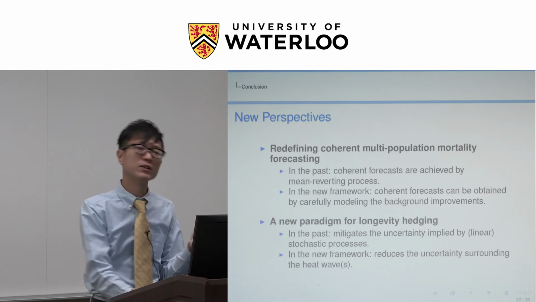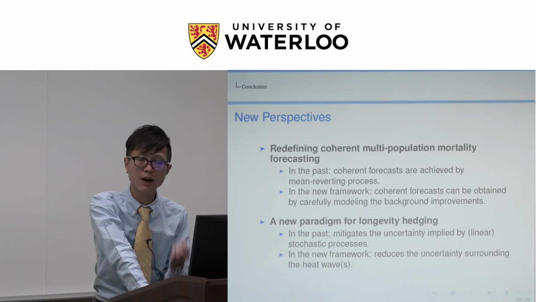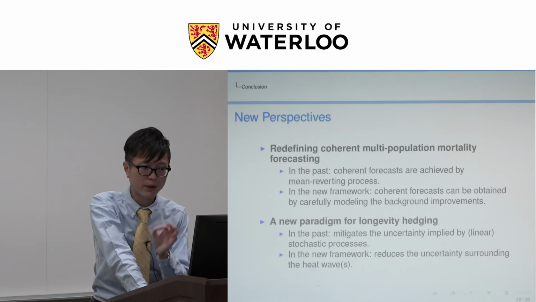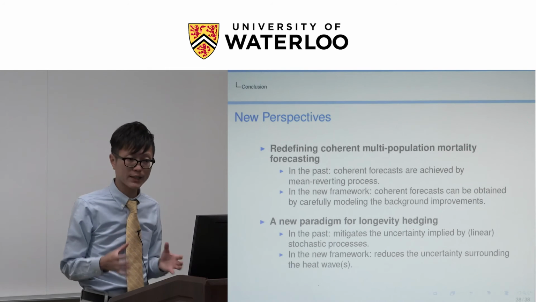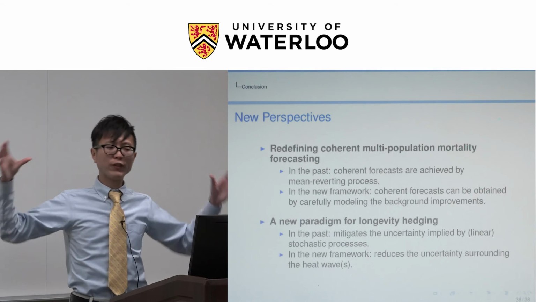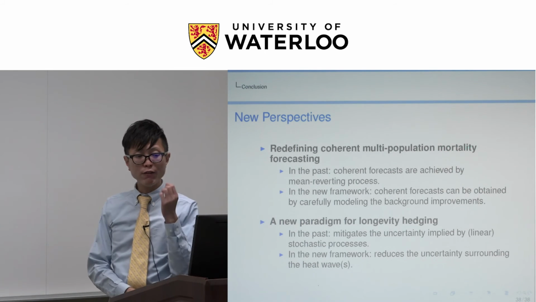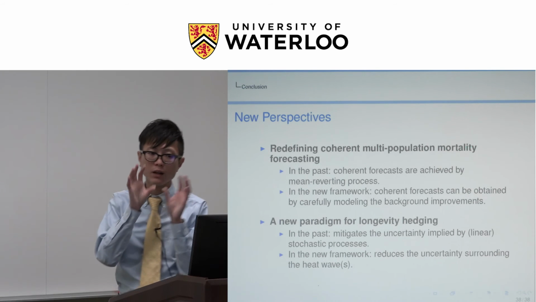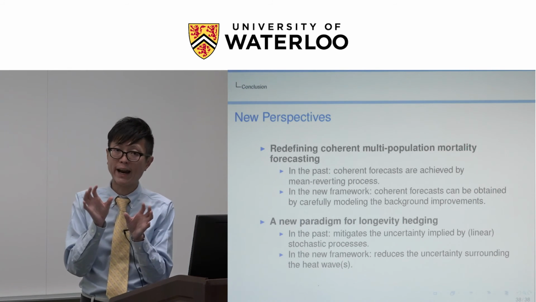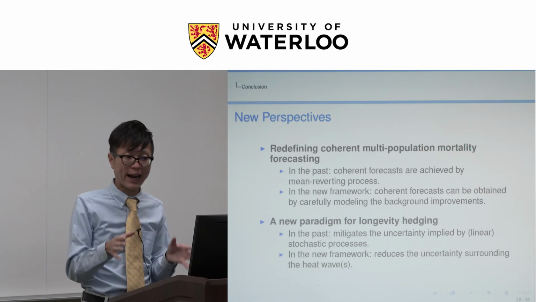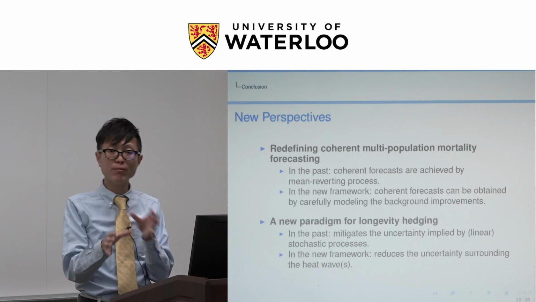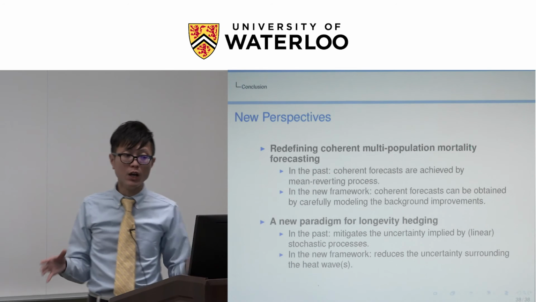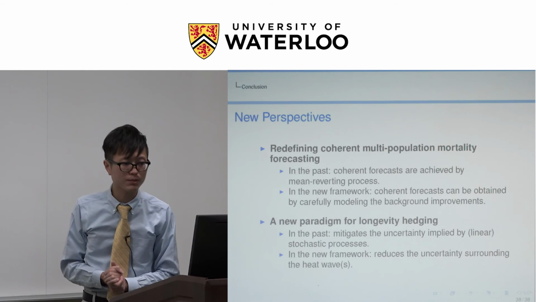Now, in the past, coherent forecasts are typically achieved by using mean-reverting stochastic processes, but with the heat wave model, coherent forecast can be obtained by carefully modeling the background mortality improvement rates. We can add constraints to the background improvement rates of different populations to ensure coherence.